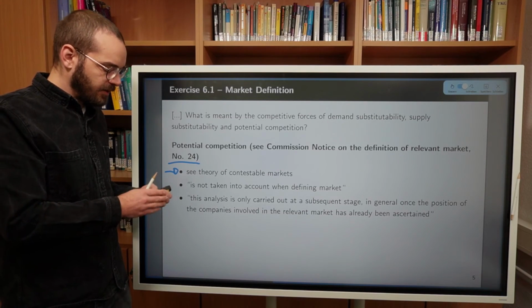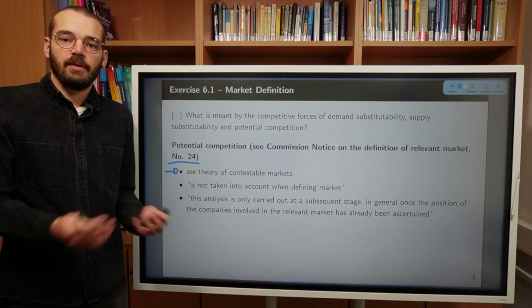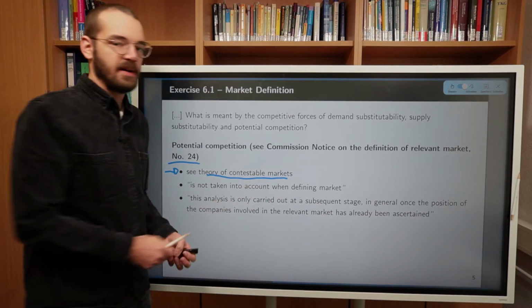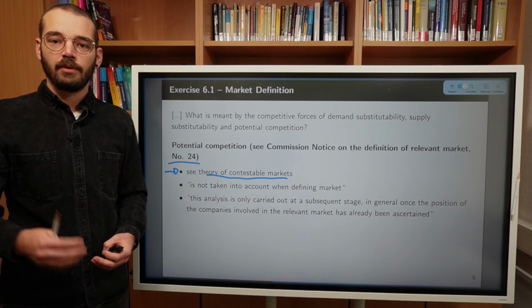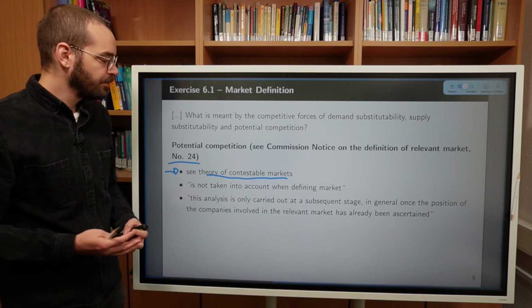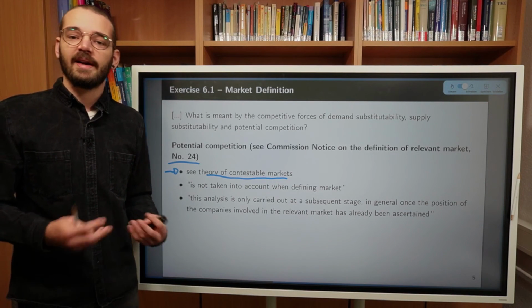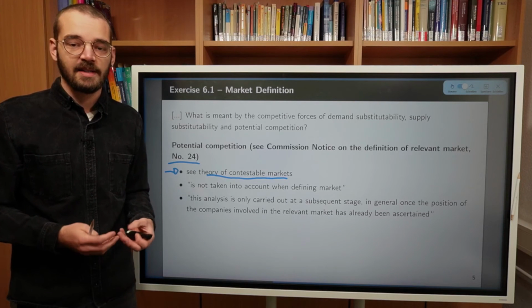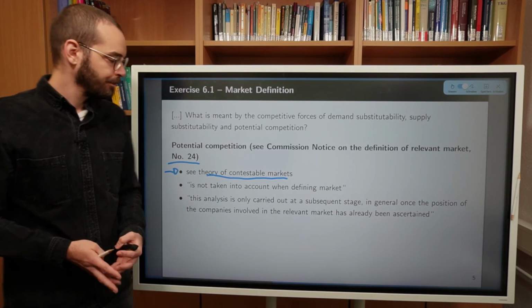In order to understand this, we can simply refer back to what we already know, namely the theory of contestable markets. So again, I would like to refer you to last week's assignment where we were discussing a model of a contestable market, and we were analyzing how the contestability of the market can affect the market outcome.